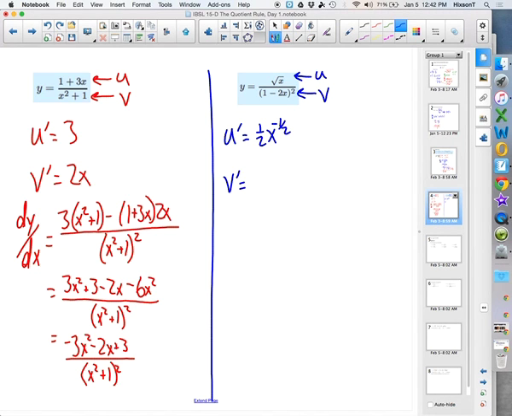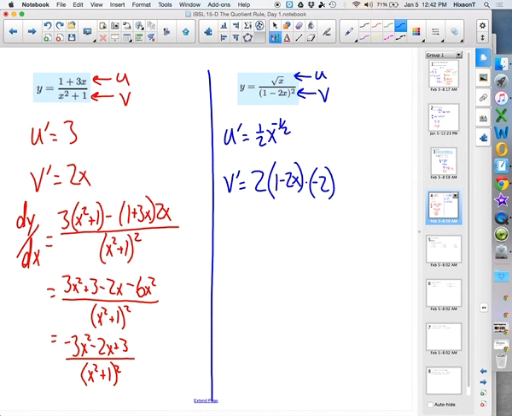V prime is 2 times 1 minus 2x times, what is it? Times 4? No, it's just times 2, right? No, I mean it's negative 4 times 1 minus 2x, because it's times a negative 2, because it's minus 2x there.